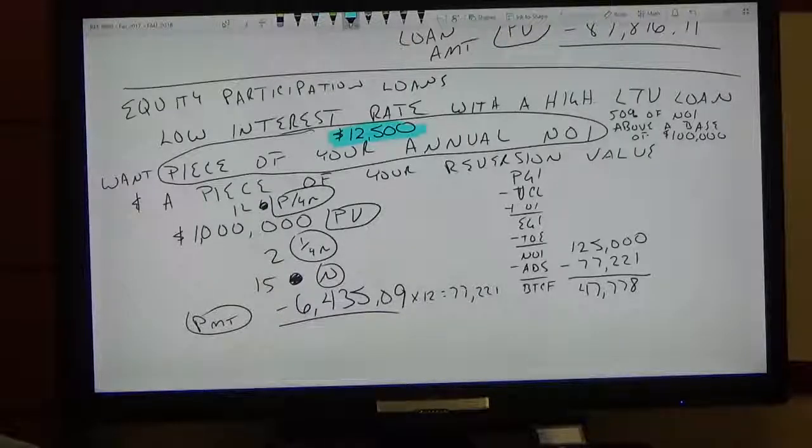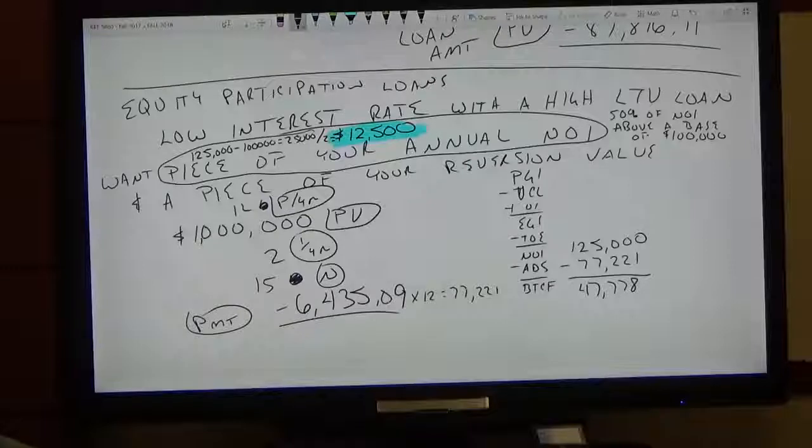So all we're doing to get that, for those of you following along, is taking the 125,000 minus 100,000, which gives us 25,000, divided by 2, or times 0.5, either way. So it's a lender's percentage.